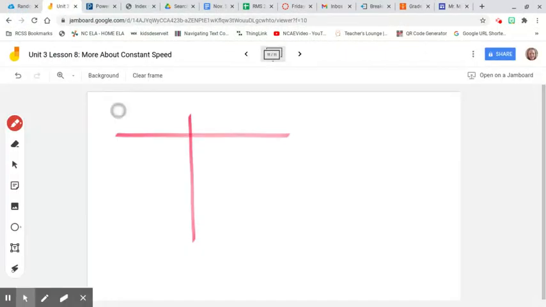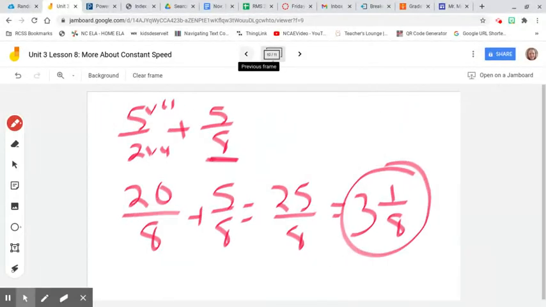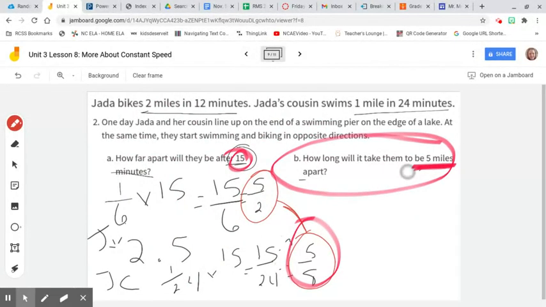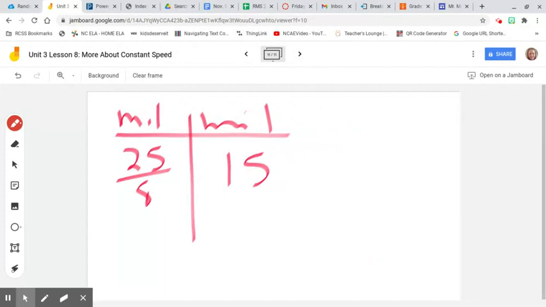So miles, minute, and this is where he had the 25/8 he put right here, and we needed to get the 15 minutes. Because he needs it to be 5 miles, and we know how much it was after 15 minutes. Because that's what this was right here, and this is where you have to figure out the 5 here.